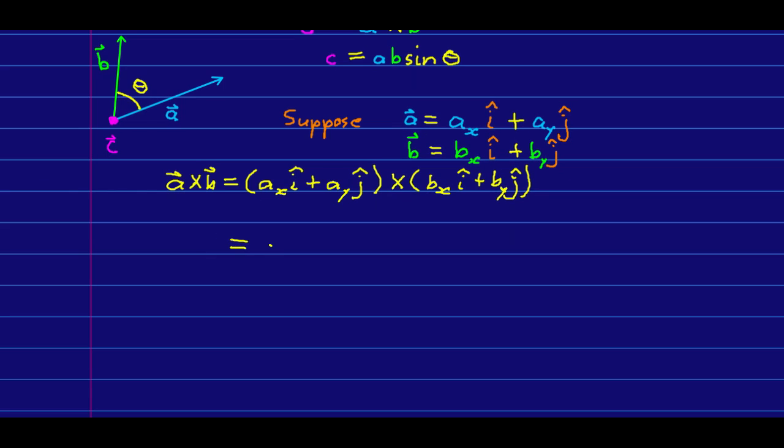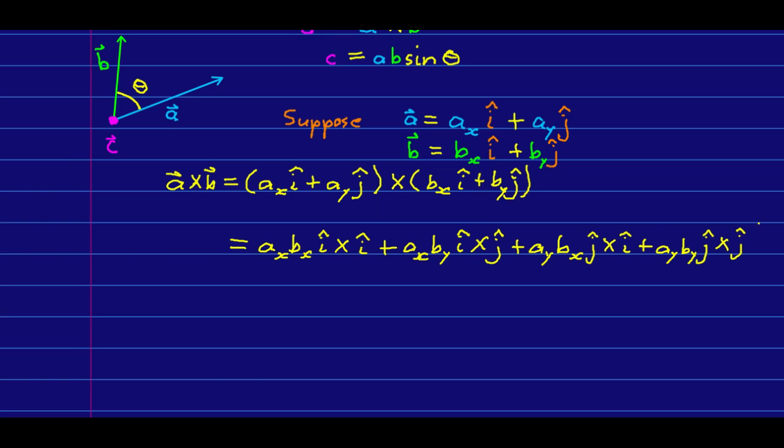And so we're going to get... now, think about i hat and j hat. i hat and j hat are perpendicular to each other. And so the cross product of them, i cross j, you get from right-hand rule, it will give you k hat.